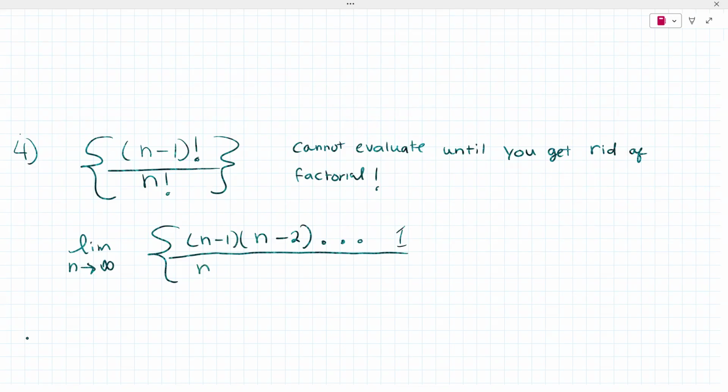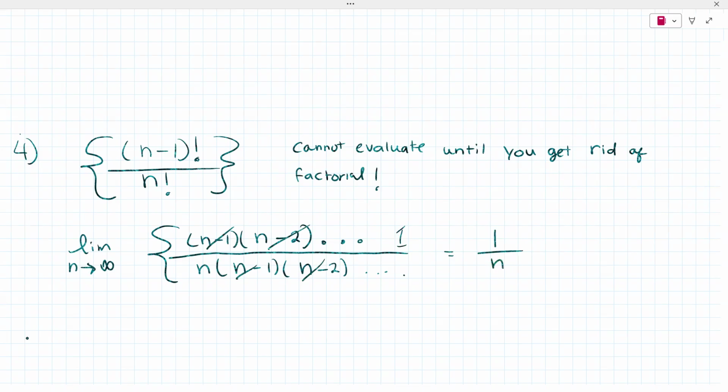It is n times n minus 1 times n minus 2, dot dot dot. But the good news is, what do you see that cancels? We don't have to keep going because everything else cancels. So the n minus 1 cancels, the n minus 2 cancels, and on the top, you're just left with 1 over n.